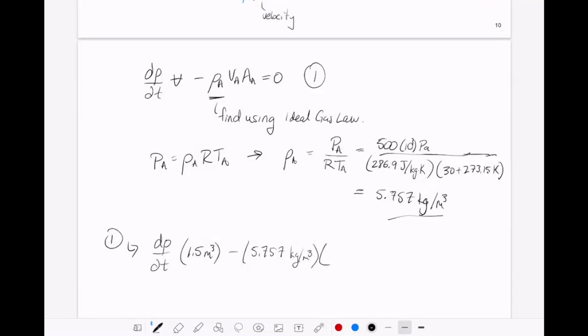Our velocity was 8 meters per second. In the area, it said that the diameter of the hose was 10 millimeters. So we have pi times our radius, which is 0.05 meters. Sorry, 0.005, it's only 5 millimeters, squared, and that'll be units of meters squared. This is all equal to 0.